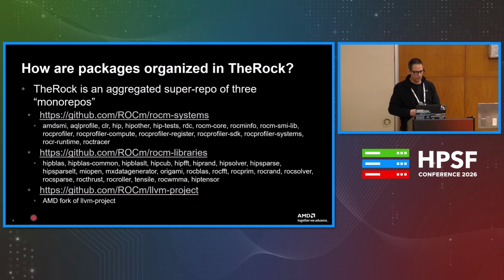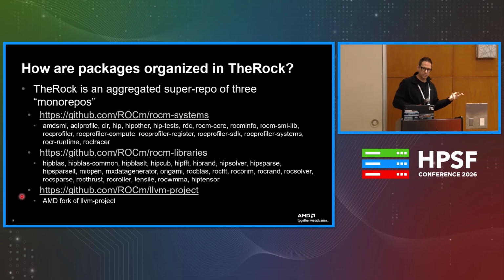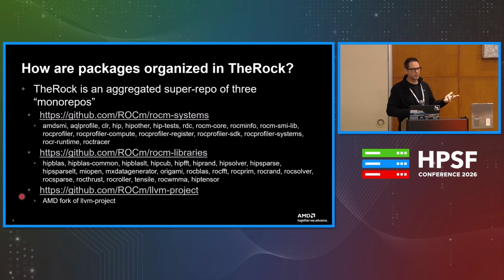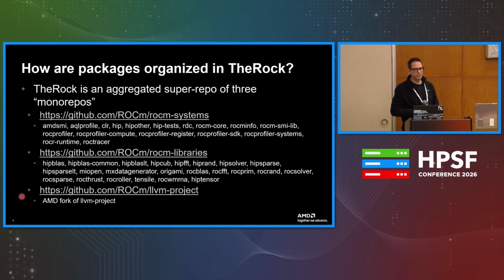When I went to install it with Spack, what I found was the first thing to do was to install the LLVM project, which is basically a fork of LLVM plus all of the modifications necessary for building and running on AMD hardware. And then you have the ROCm systems components, which are the SMI libraries I mentioned before, HIP and ROCm info, the compute library, SDKs, and profilers and tracers.